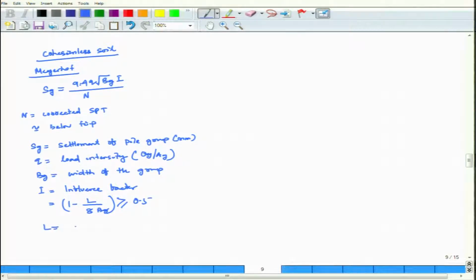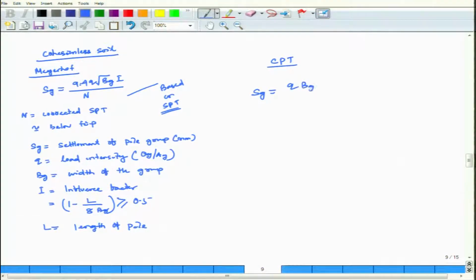L is equal to the length of pile. It is based on your SPT, standard penetration test.